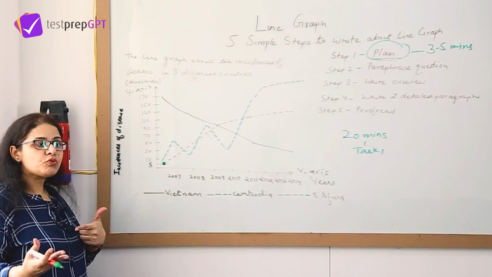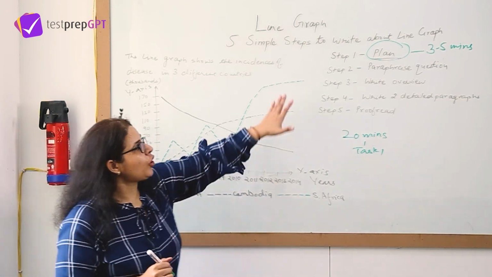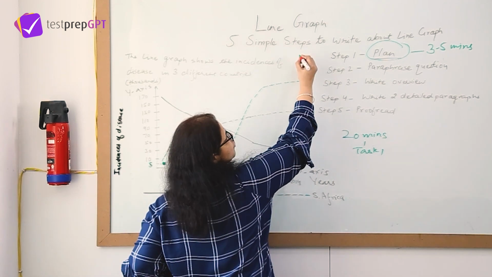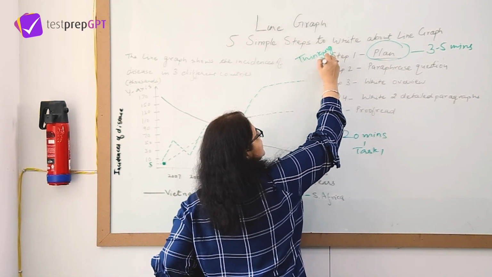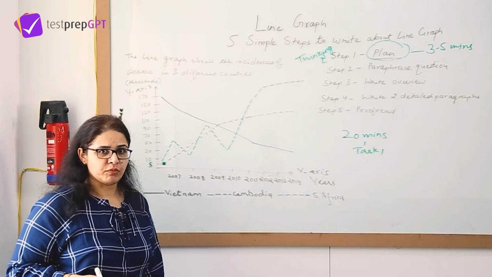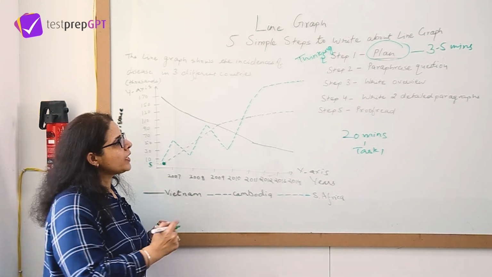So that is what it means. This is what the planning part is. I call it the thinking stage, the first step, where you think about what the graph is about.